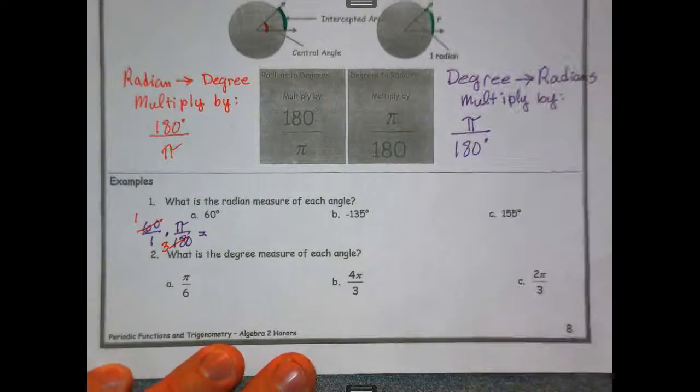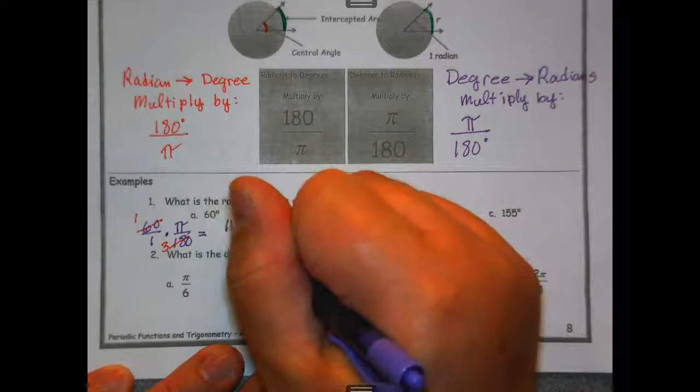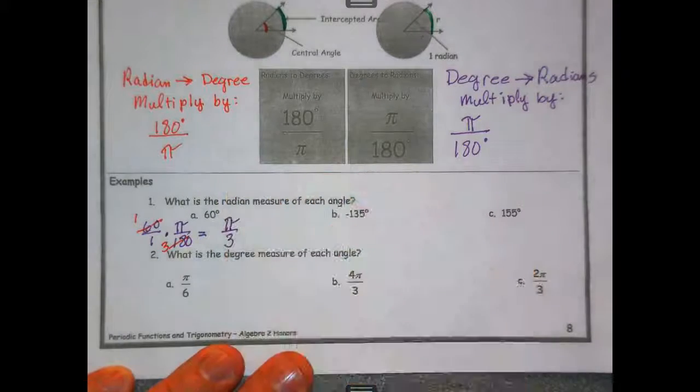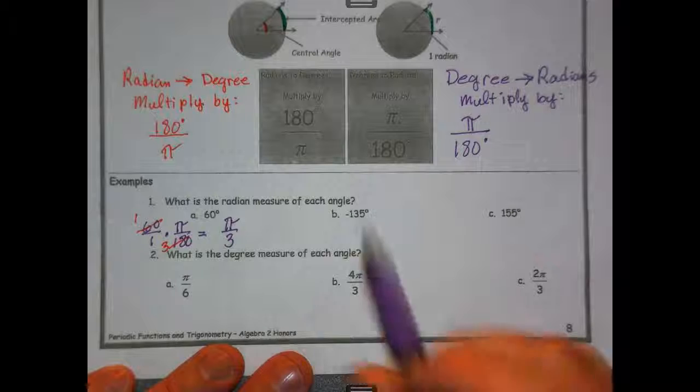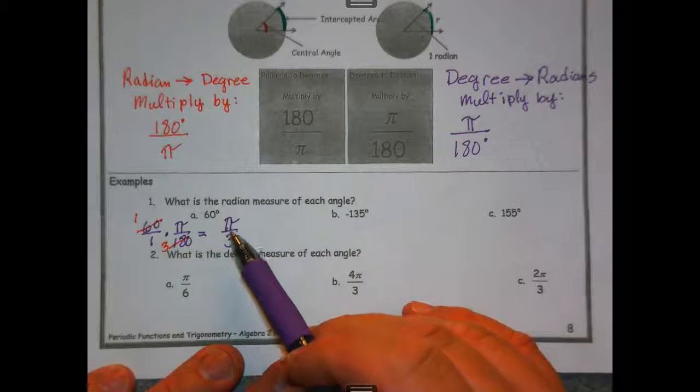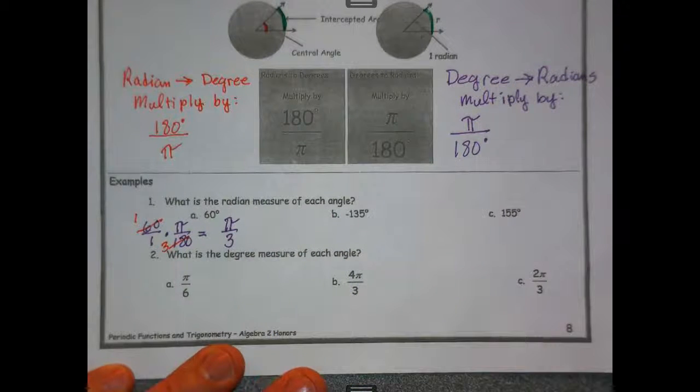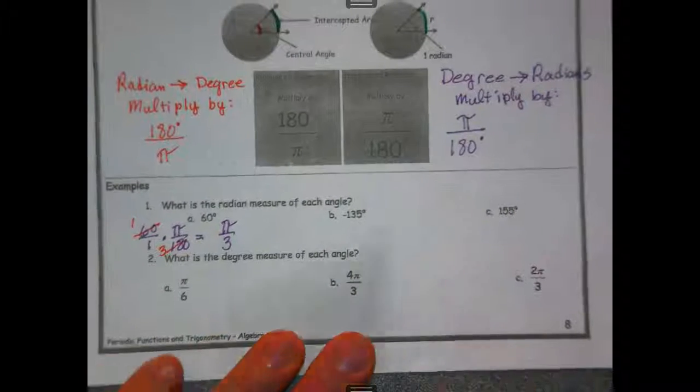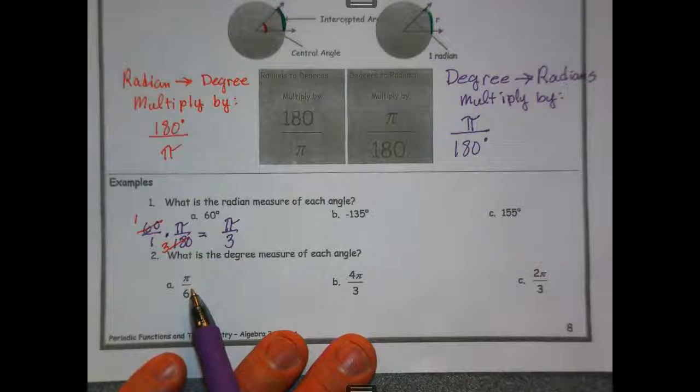So I have 1 pi over 3. If you're in radian measure, you're going to have pi in your answer. You know you're in radian measure because there's pi in the answer.